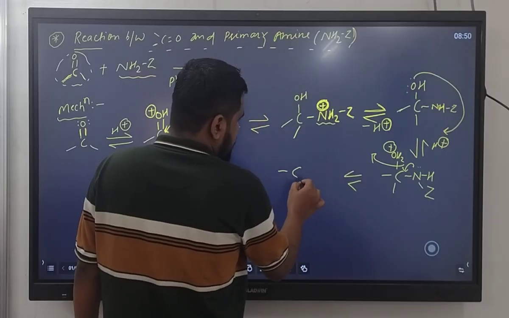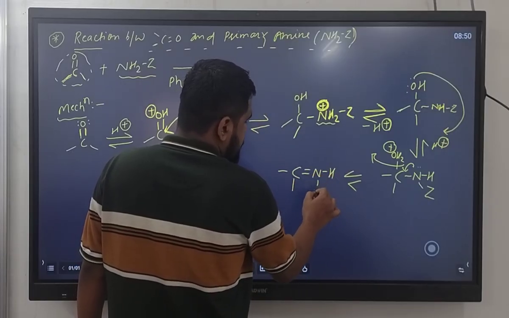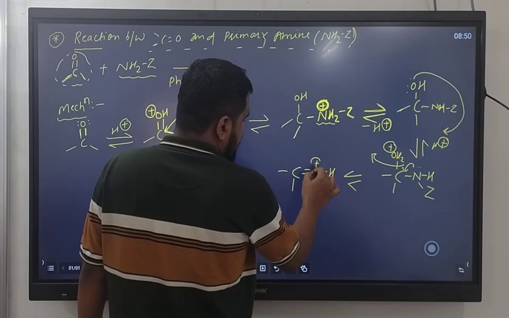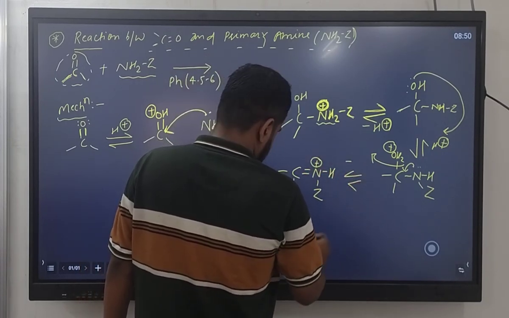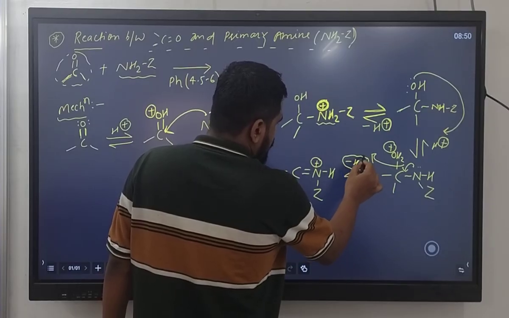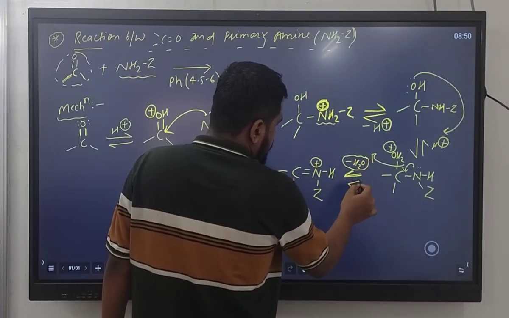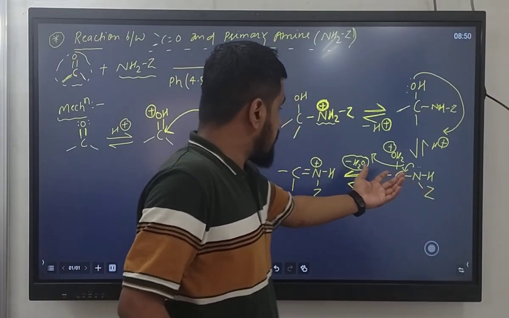So you will get a double bond, with H and Z on nitrogen, and the water is released from this side of the carbon.